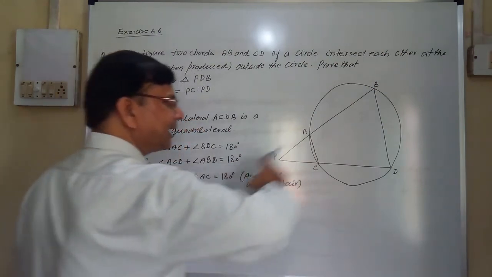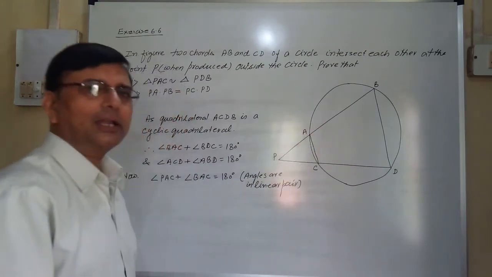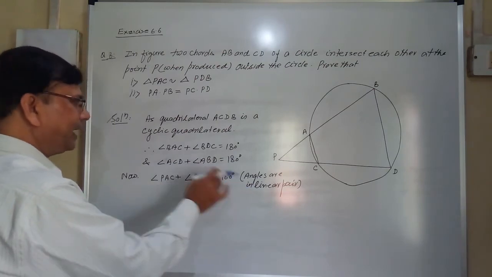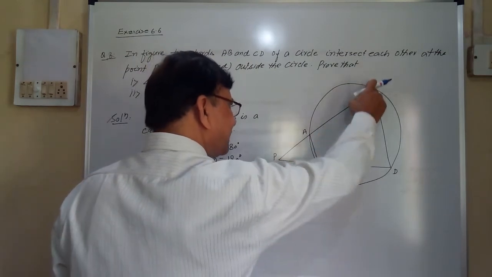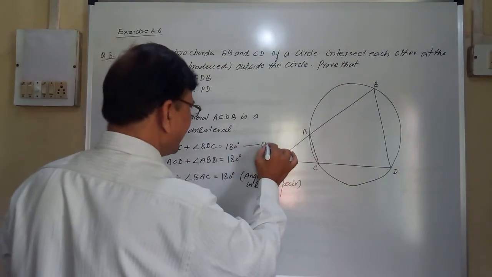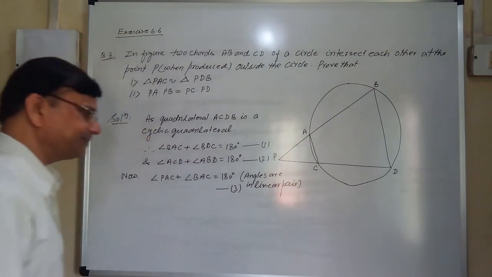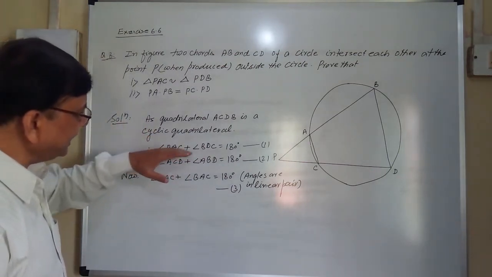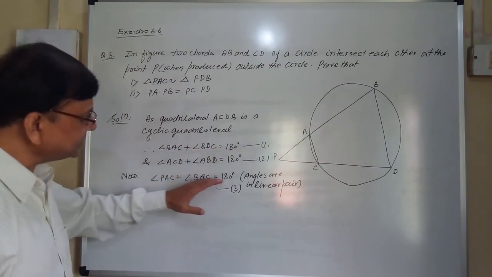Linear pair means it is a line and this angle is making two angles over here. That is why it is called a linear pair. So the sum of these two is 180 degrees. Here BAC plus BDC is 180 degrees from this. This is equation number 1, this is 2, and this, suppose we assume as 3. Here BAC plus BDC is equal to 180, PAC plus BAC is 180.